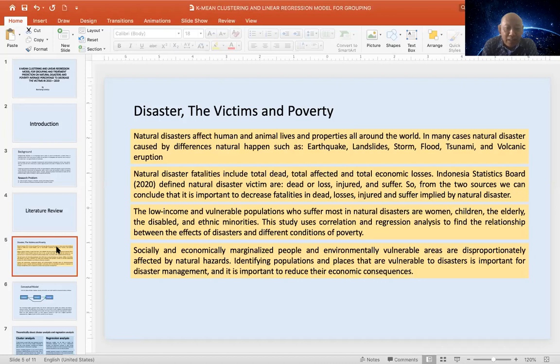Socially and economically marginalized people and environmentally vulnerable areas are disproportionately affected by natural hazards. Identifying populations and places that are vulnerable to disasters is important for disaster management, and it is important to reduce their economic consequences.